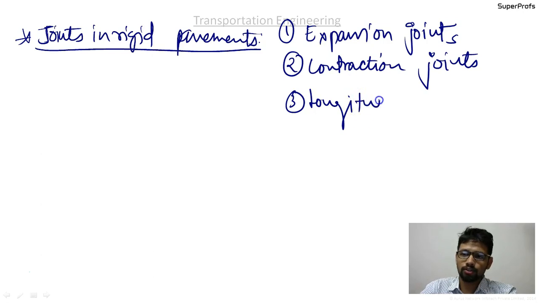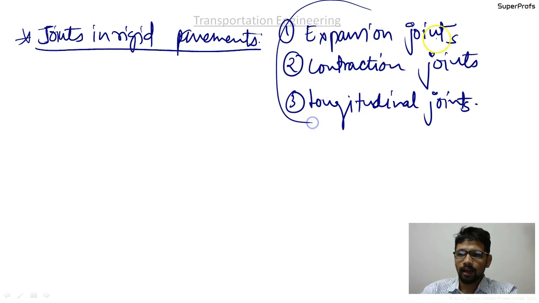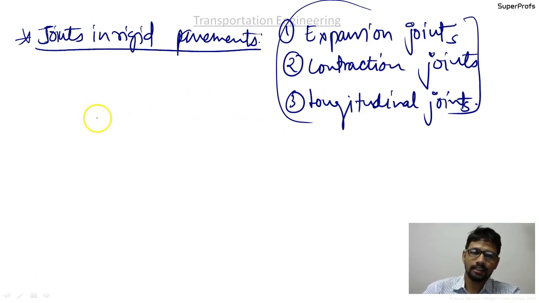The name itself suggests what the function or characteristics of these joints may be, and you must have heard these names and also seen these kinds of joints while traveling on CC roads.